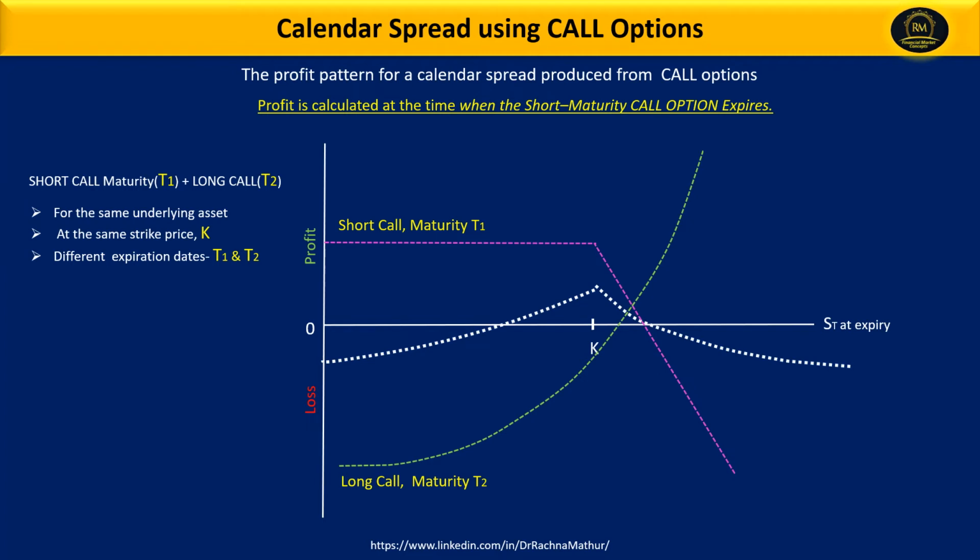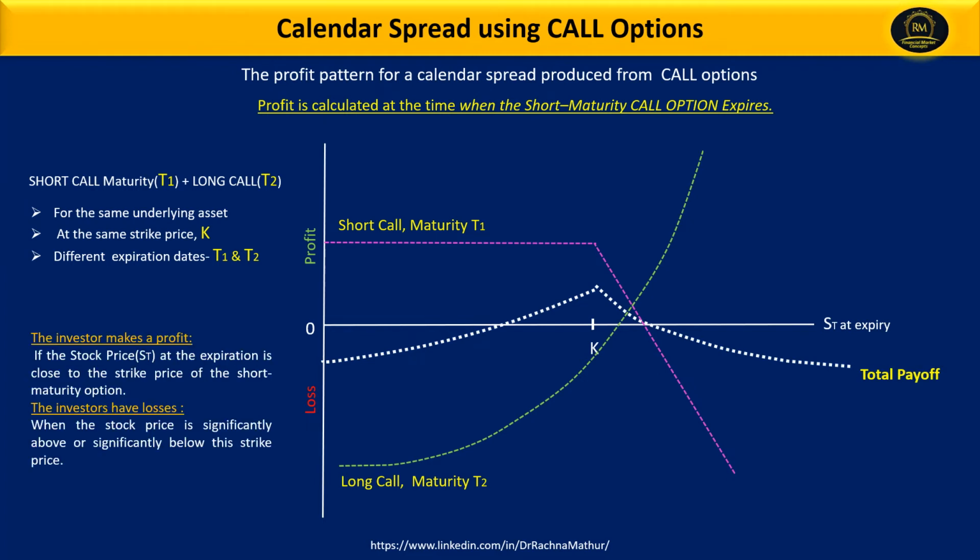Now drawing the total payoff, we see that the strategy shows that the investor makes a profit if the stock price at the time of expiration is close to the strike price of the short maturity option. So as soon as it is close to the strike price, the strategy will give us profit. But when the stock price is significantly above or below this strike price, investors have losses.